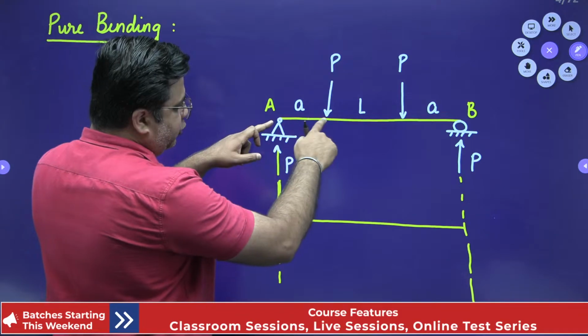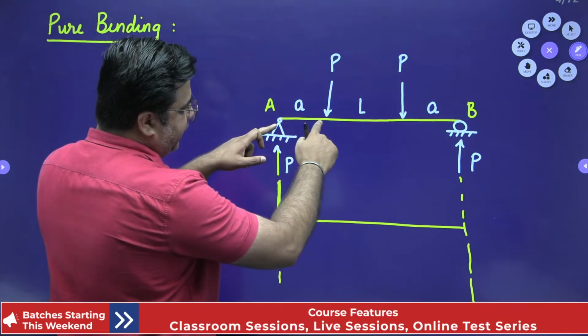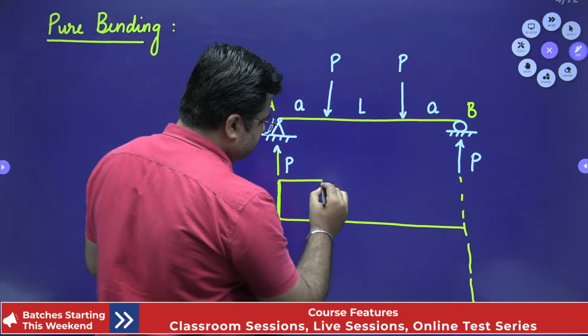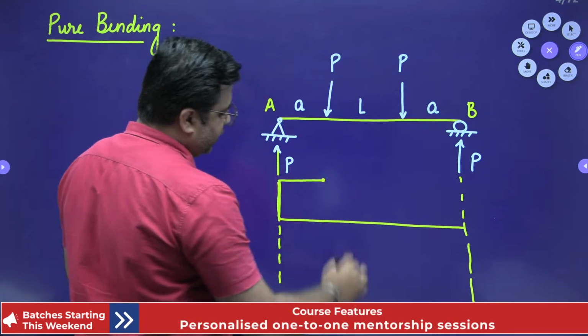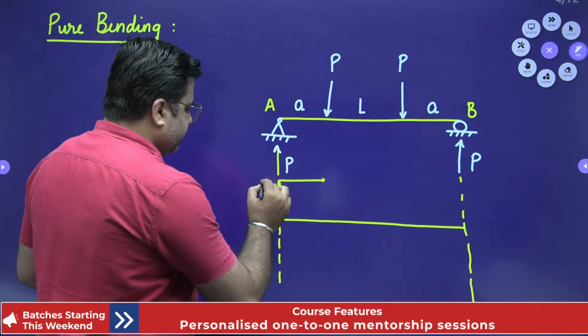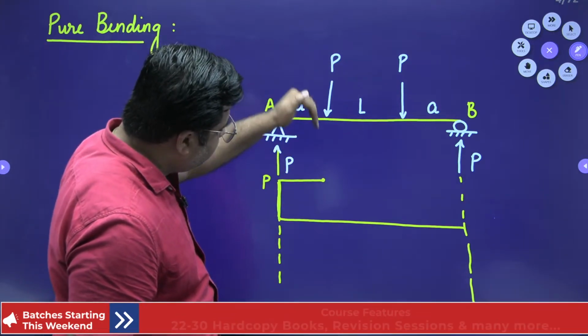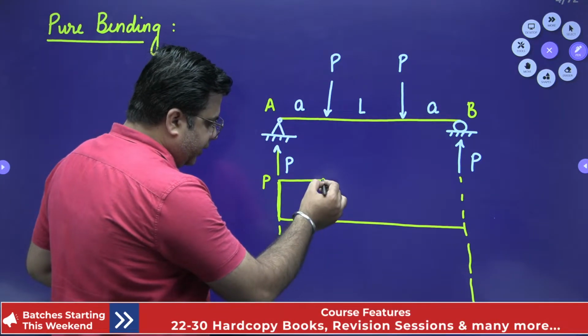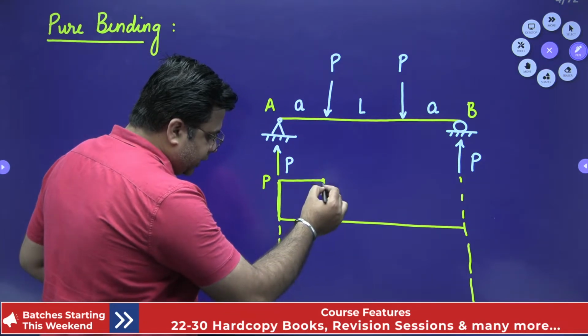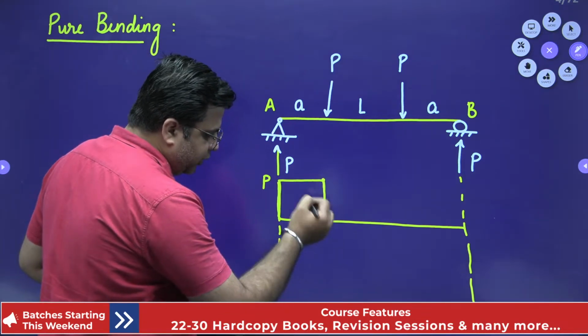Then from A to this point, there is no load acting, so the shear force diagram will be constant like this. This is P. Then at this point, I have to move down by the amount of P. So I came down by the amount of P, and again I reach back to the 0 value.